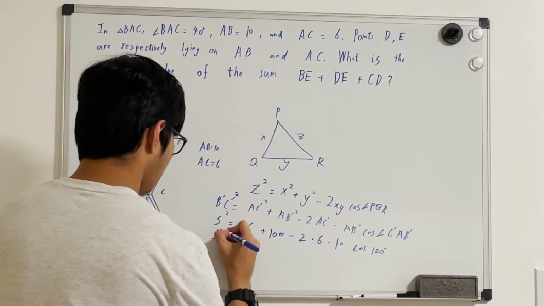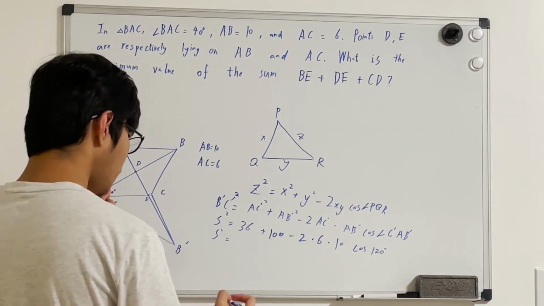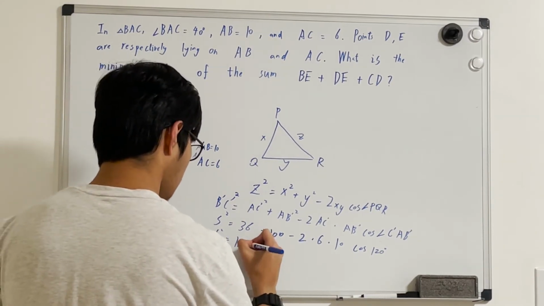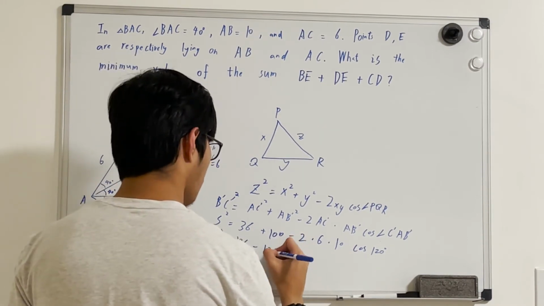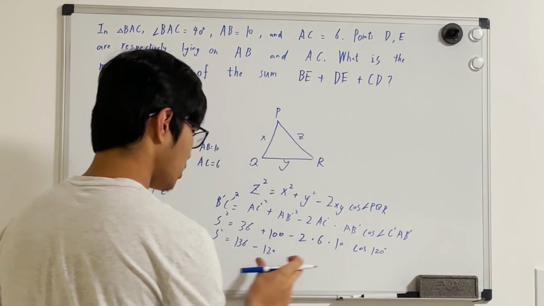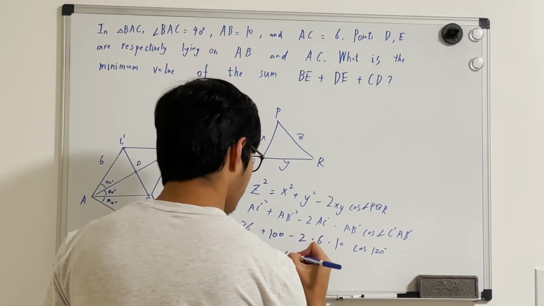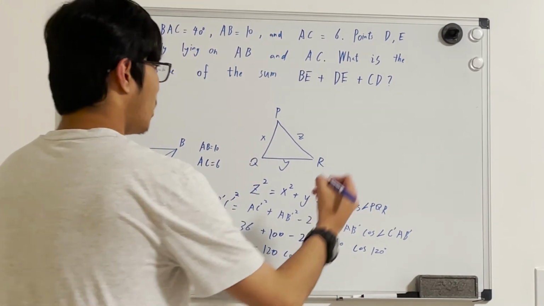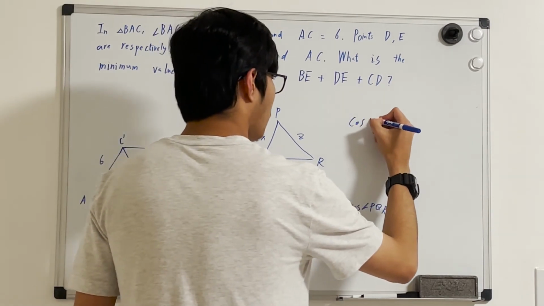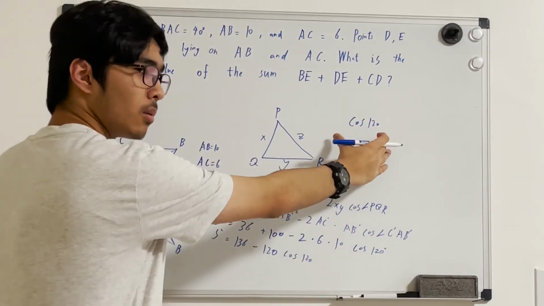So S squared equals 136, plusing this 2, minus this is 120. 2 times 6 times 10 is 120 of cosine 120. So cosine 120 is an obtuse angle.